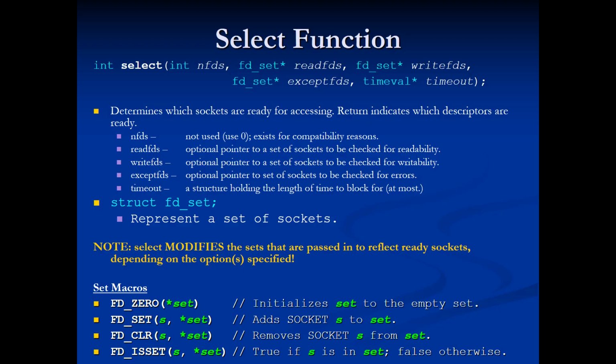So if you create an FD_SET master set, you can initialize that set to the empty set. And then you could use FD_SET to add a socket to your particular set. So if you have an FD_SET read set, you could put your listen socket into that set using FD_SET.